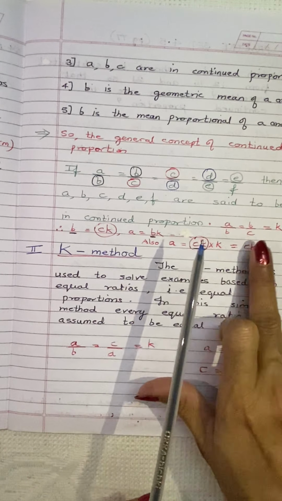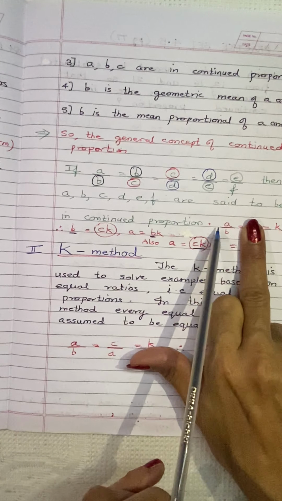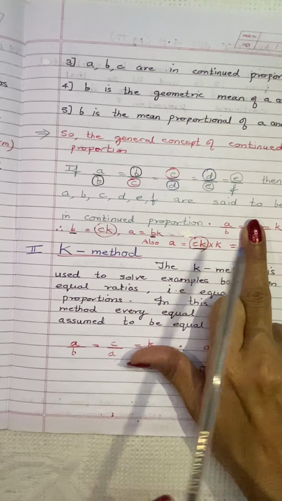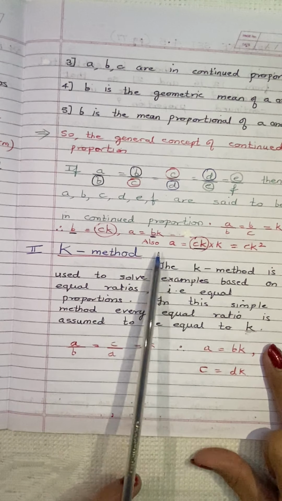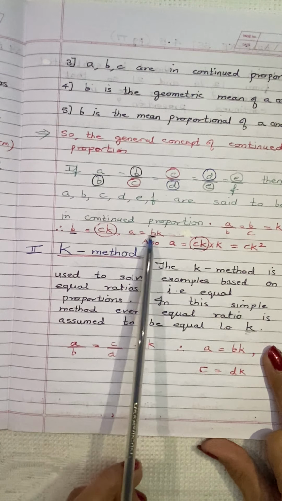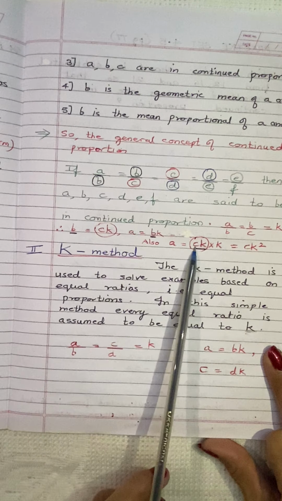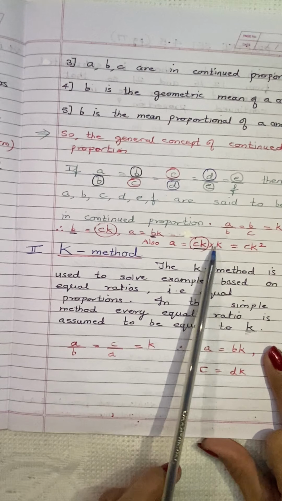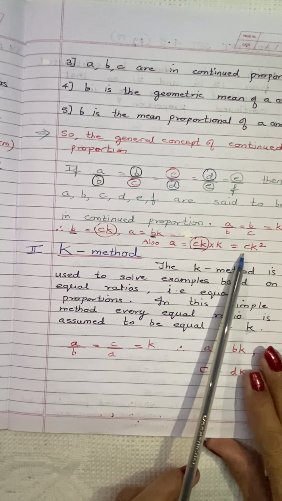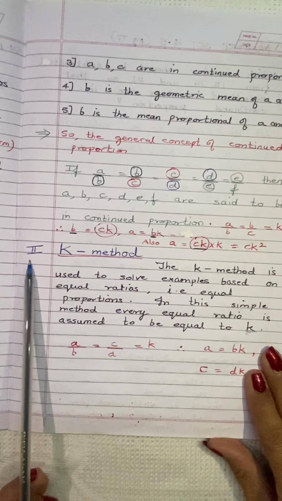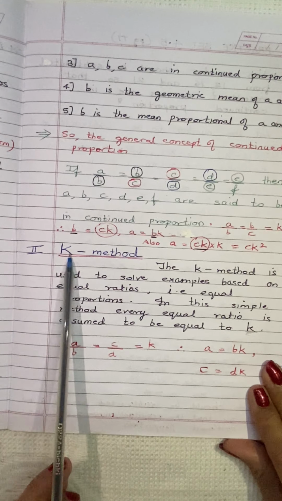Then A is equal to B multiplied with K, so A is equal to BK. And as A is equal to BK, we can substitute B with the value CK we have got here. So A is equal to CK into K, which is A is equal to CK square.